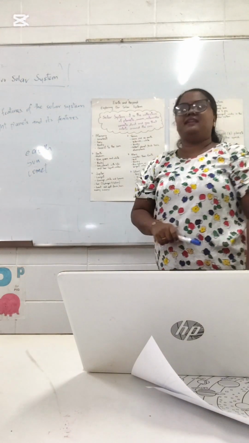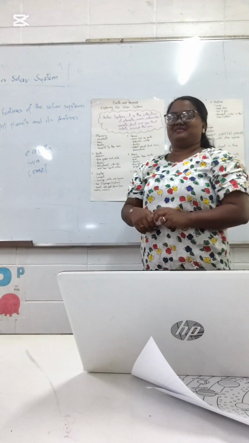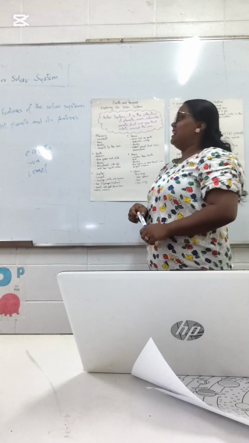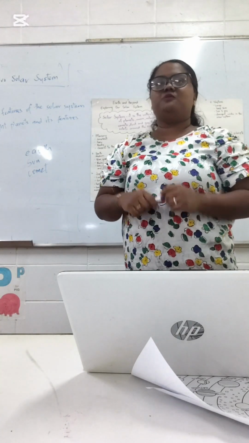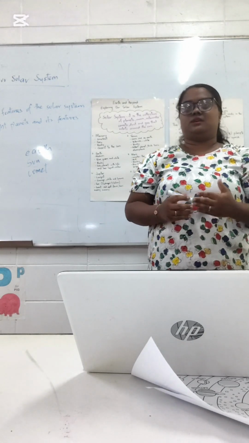Right. How many planets are there in the solar system? 8. Good, Kajol. Right. So there are 8 planets, and these 8 planets have their own features.